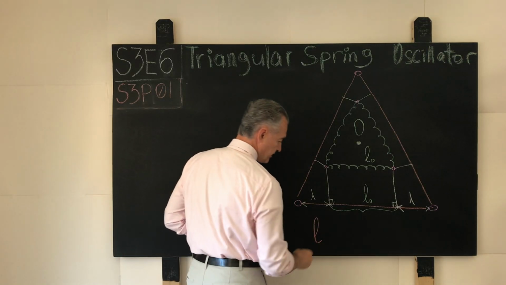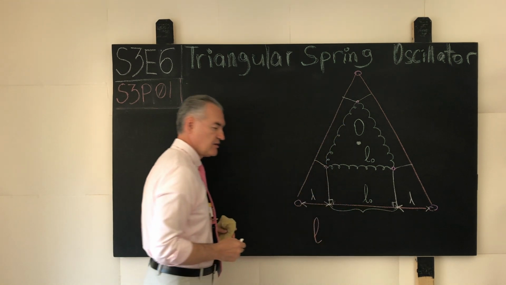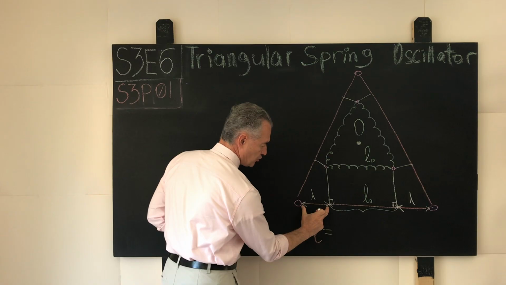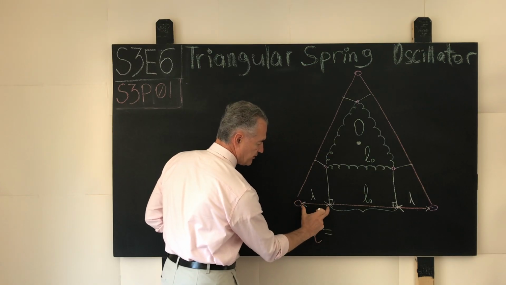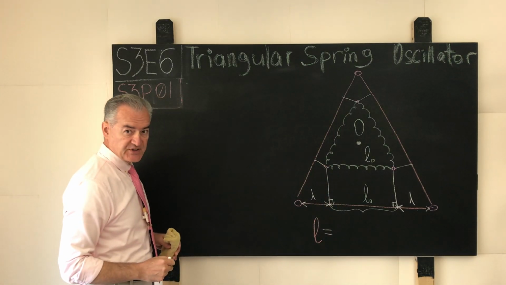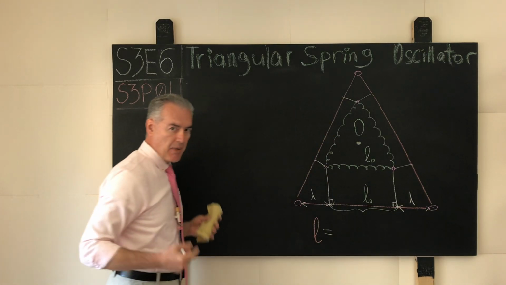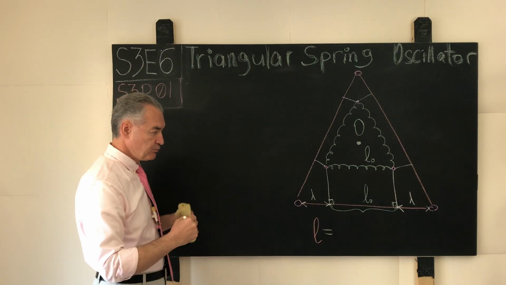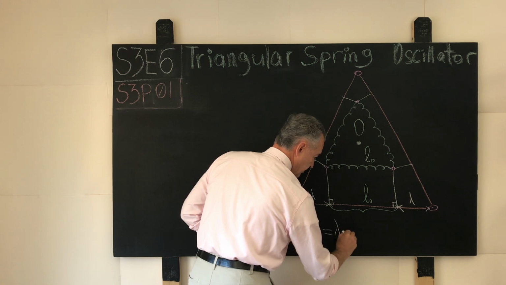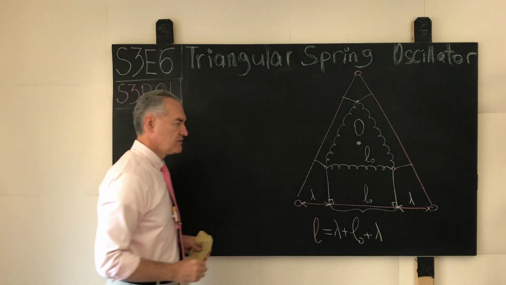So in this case, the length of the expanded spring, or each extended ideal spring, can be represented which way? Well, these little segments that I showed, designated with lambda here and here, also participate in the formation of this length L. In other words, we treat L as a composite quantity put together from three line segments: lambda plus L0 plus another lambda.